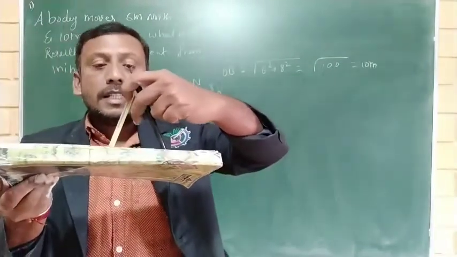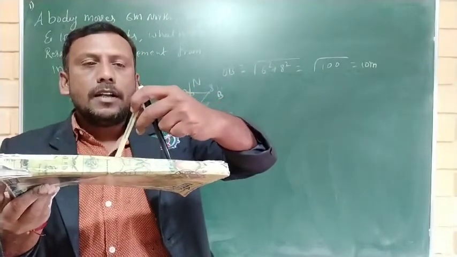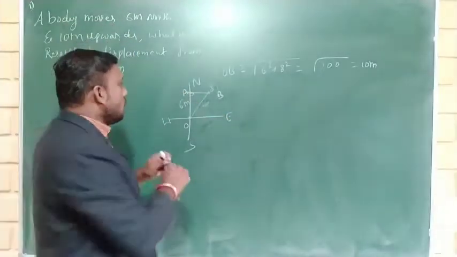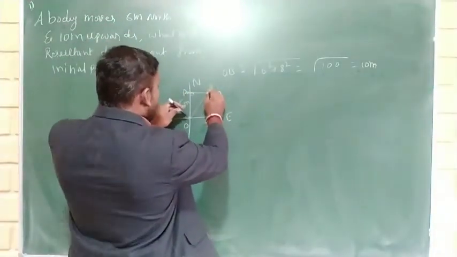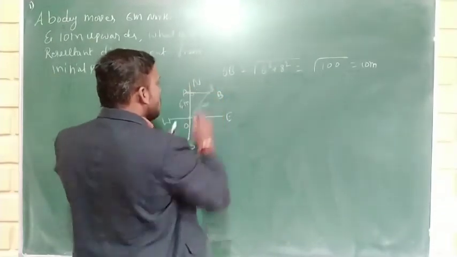What is the resultant displacement? This length is called resultant displacement.